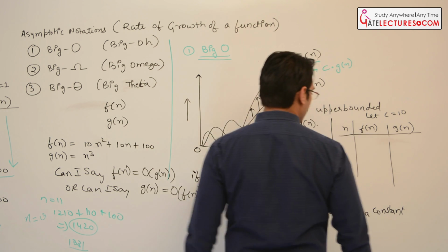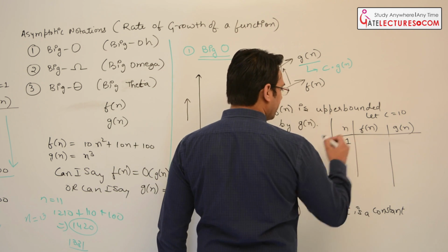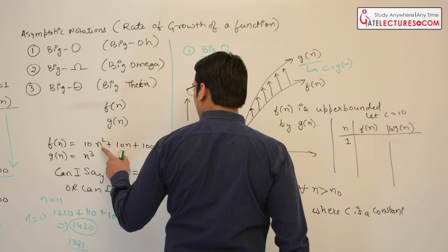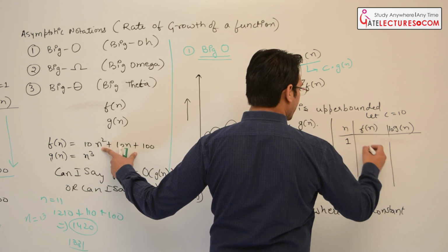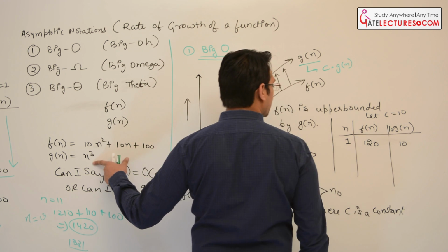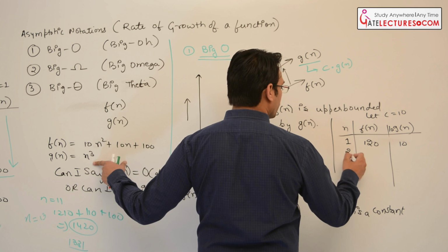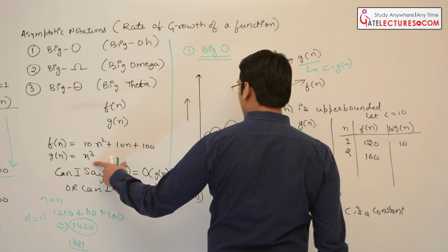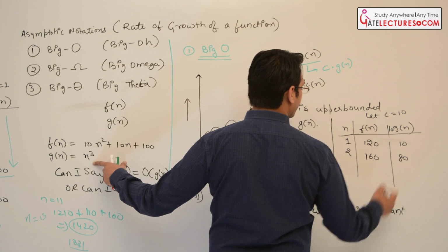Now if the value of n is 1, then Fn will become 120 and Gn will become 10. If the value of n is 2, then Fn will become 160 and Gn will become 80.